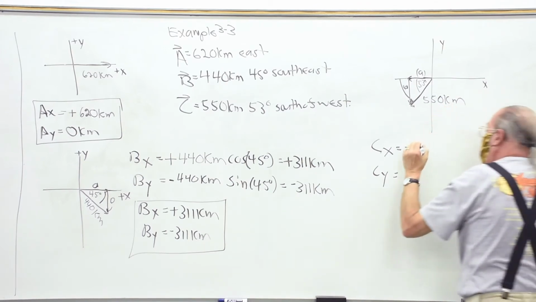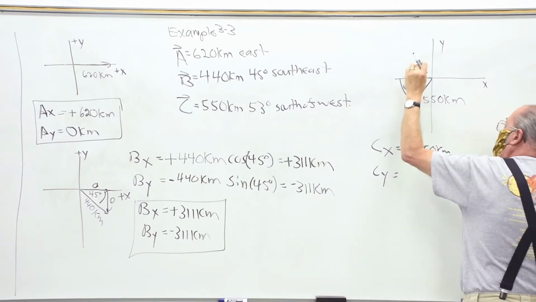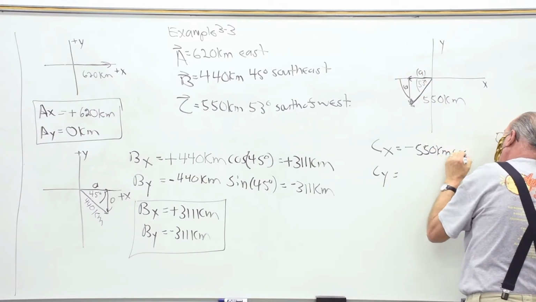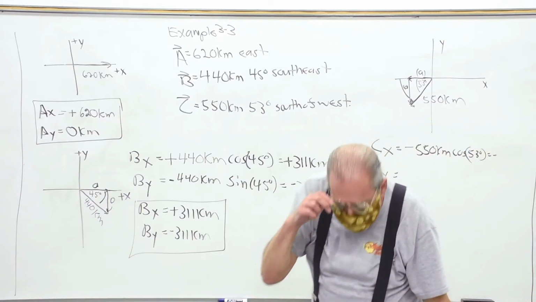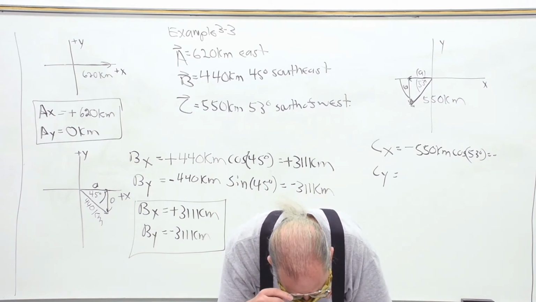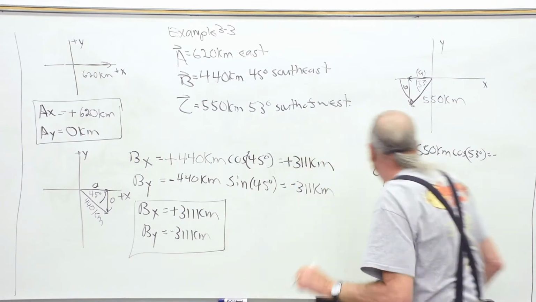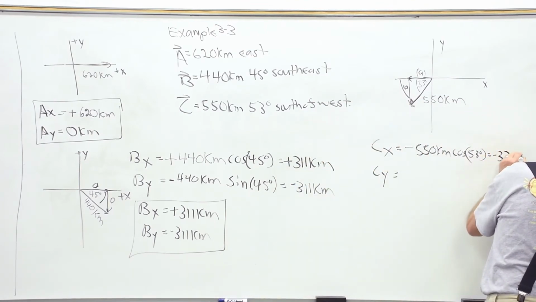We write the hypotenuse. This is the adjacent side. Adjacent goes with cosine of 53 degrees. And we get negative 331 kilometers.